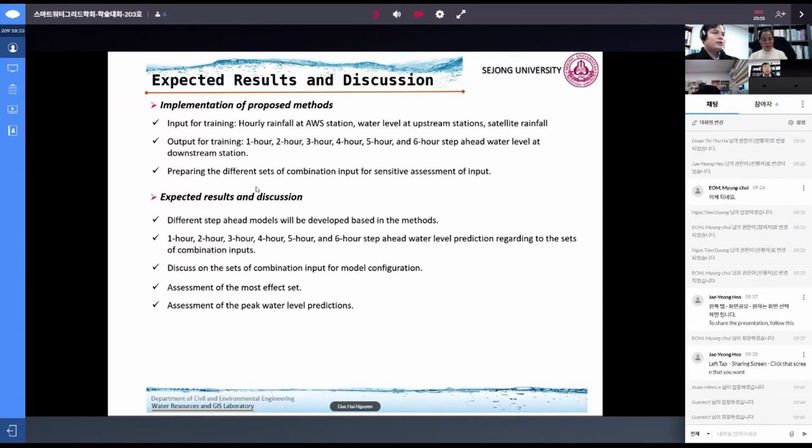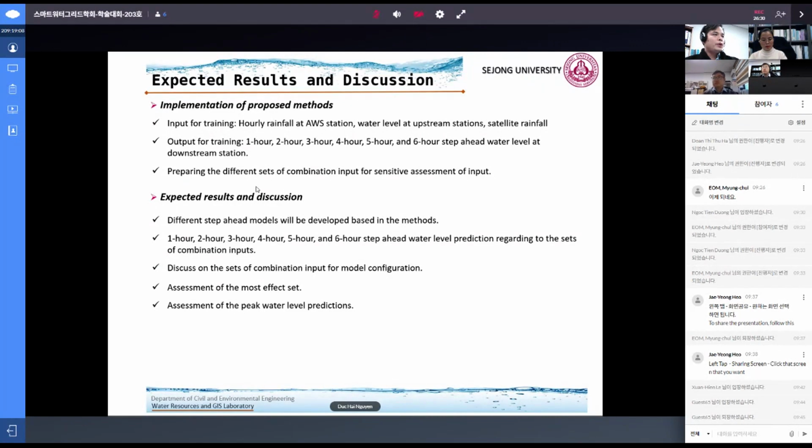As the expected result, I will develop different step ahead models based on the algorithms, and I will make the 1 hour, 2 hour, 3 hour, 4 hour, 5 hour, and 6 hour step ahead water level predictions for each set of combination inputs.